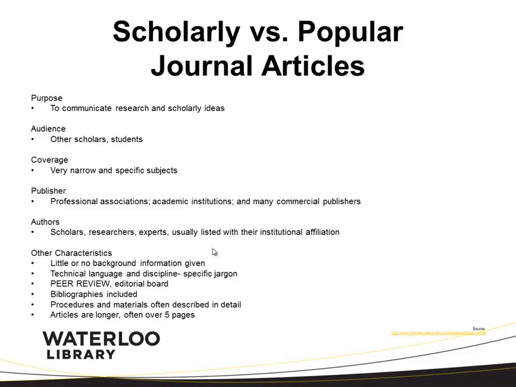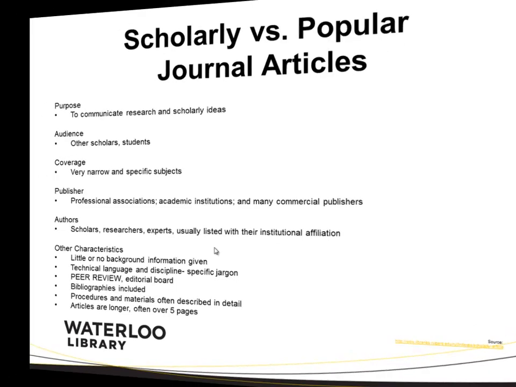They also include bibliographies, and procedures and materials are often described in great detail. Another difference between scholarly and popular journal articles is that scholarly journal articles are usually longer, often over 5 pages, where a popular journal article can often be short.